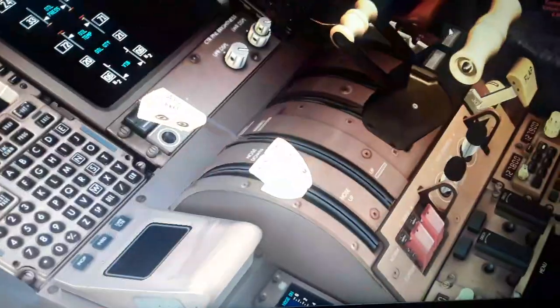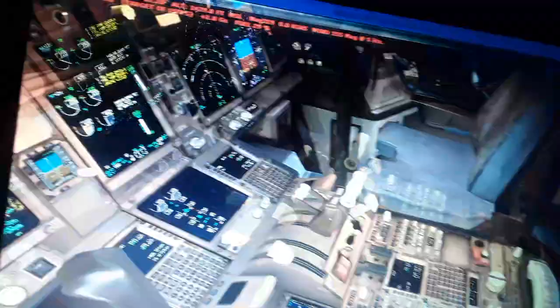Use the auto trim of the aircraft. So the auto trim works if you have the C and the R hydraulics on, C1 and C2 hydraulic system over here. I will show you later.